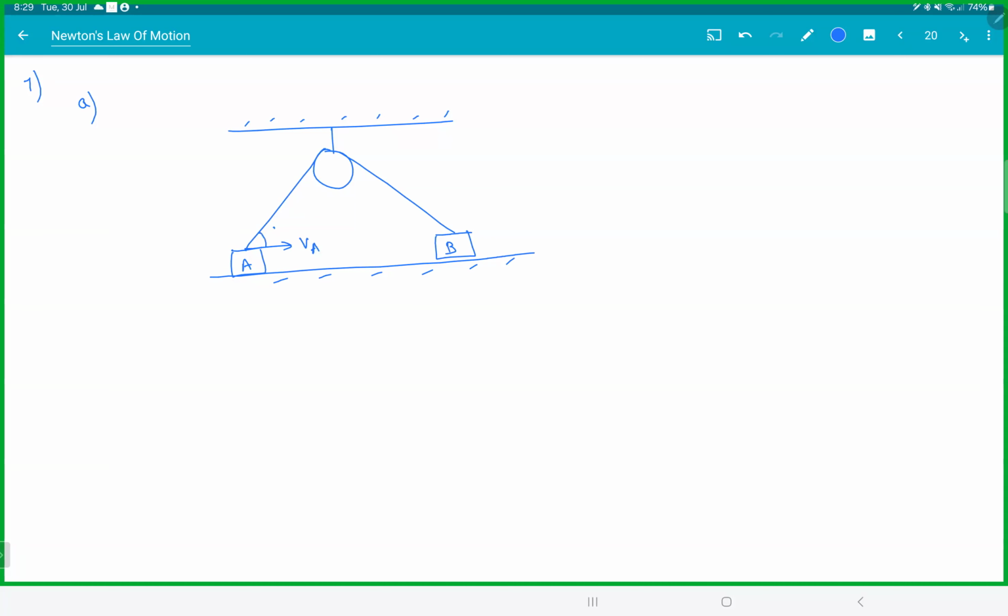This is VA. This is theta 1. This is VB. This is theta 2. Find VA by VB.